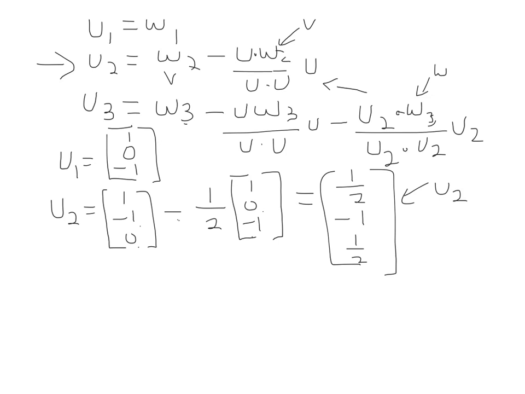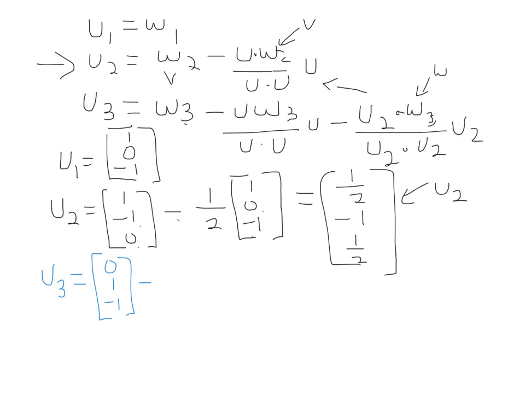So for the third vector, let's do this in a different color, u3 equals the original vector that they gave us for w, which is 0, 1, minus 1, minus u dot w3, which is really the original vector, the first vector, u times w.